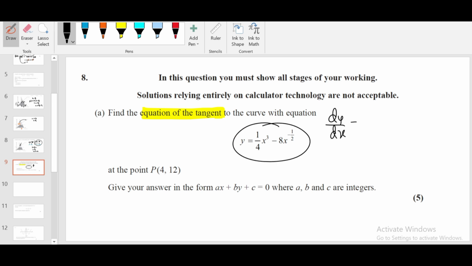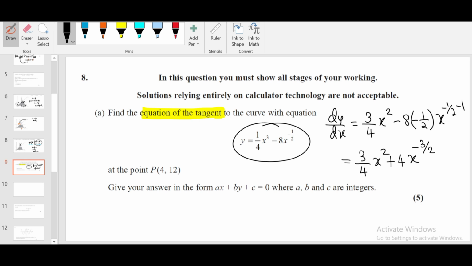When you differentiate it, x cube becomes 3x square, so 3 over 4x square minus 8 times x power minus half. When you differentiate, you put the power in front, minus half x power minus half minus 1, which is 3 over 4x square minus 8, negative 8 times negative half is positive 4 x power negative 3 over 2.